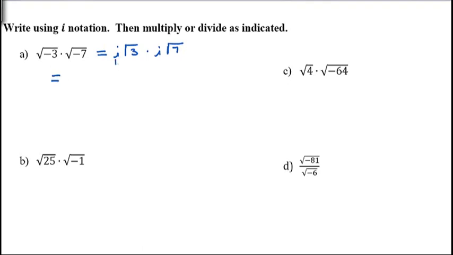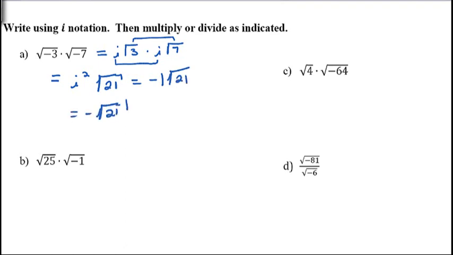When we multiply these together, we multiply the i's, giving us i squared. Then we multiply these roots together, so that would be the square root of 21. I squared, remember, is -1, so this would be -1 times the square root of 21, or just negative square root of 21. You don't need to have the 1 in front of the square root there.